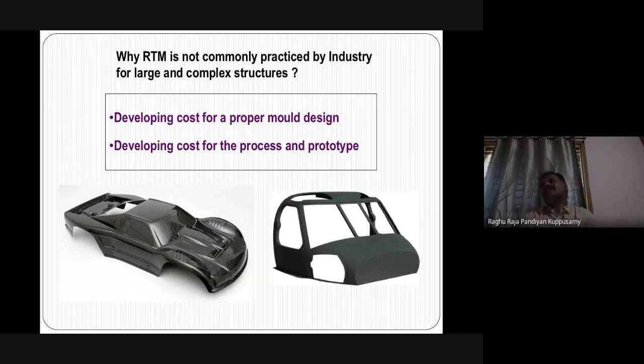If your product is very complex, then the mold design is totally complex. Moreover, prototype development and identifying effective process parameters for the RTM process will be a little critical and difficult. That's why people generally won't go for the RTM process; they will go for the manual process. That's very simple.